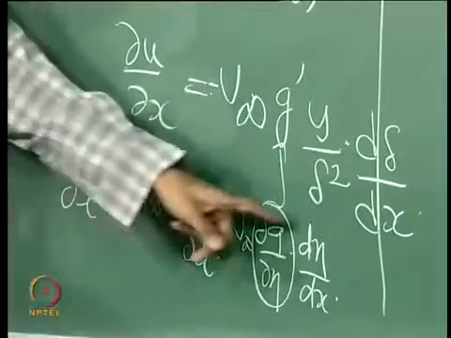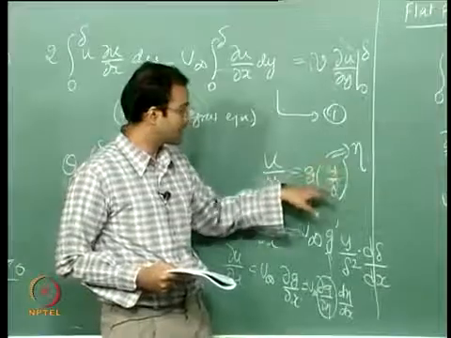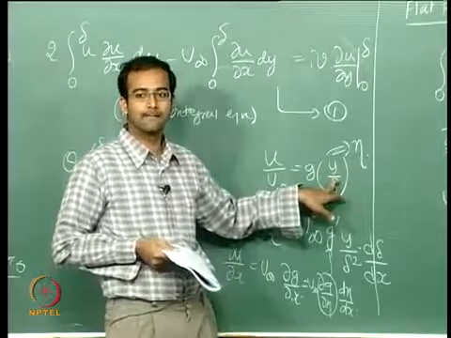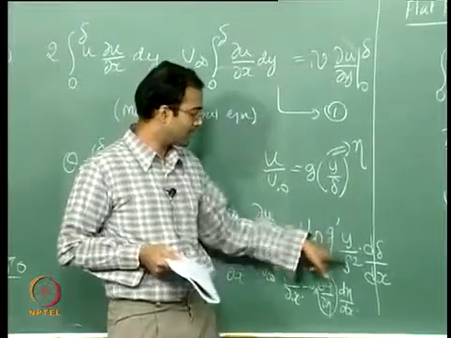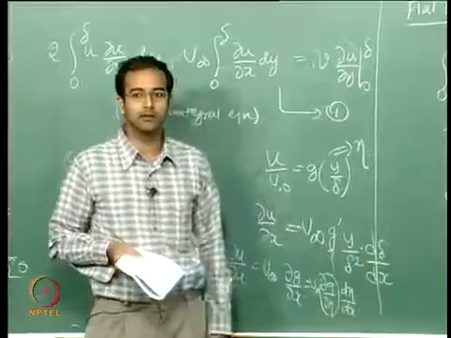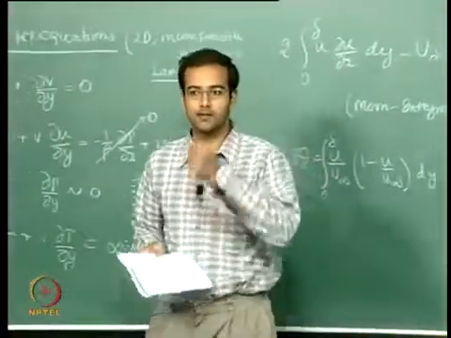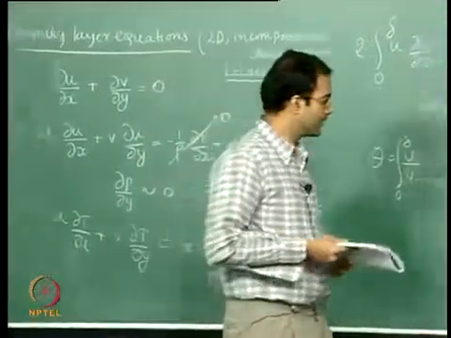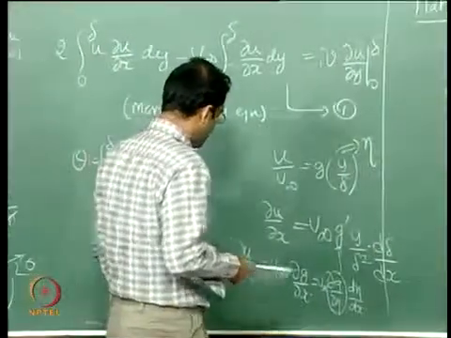And d eta by dx, this eta is nothing but y by delta. So then you get minus y by delta square into d delta by dx. Please go back and revise your differentiation rules.